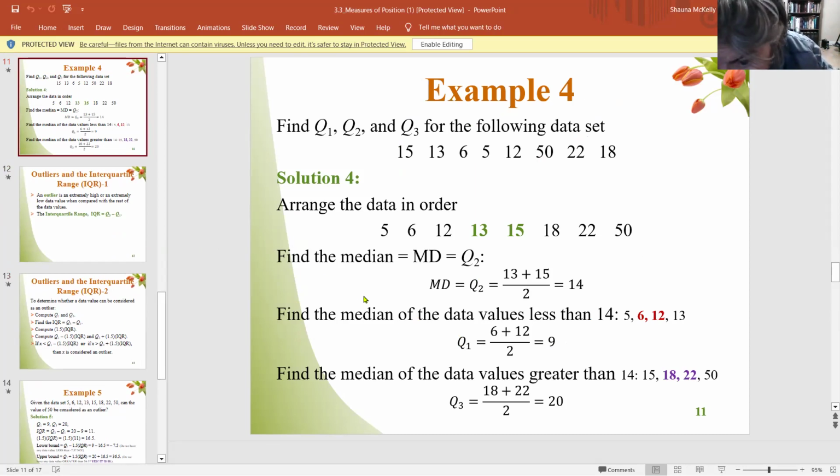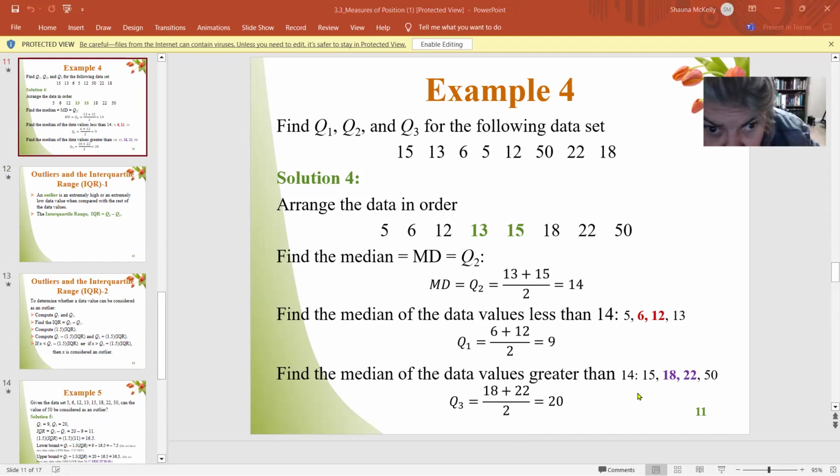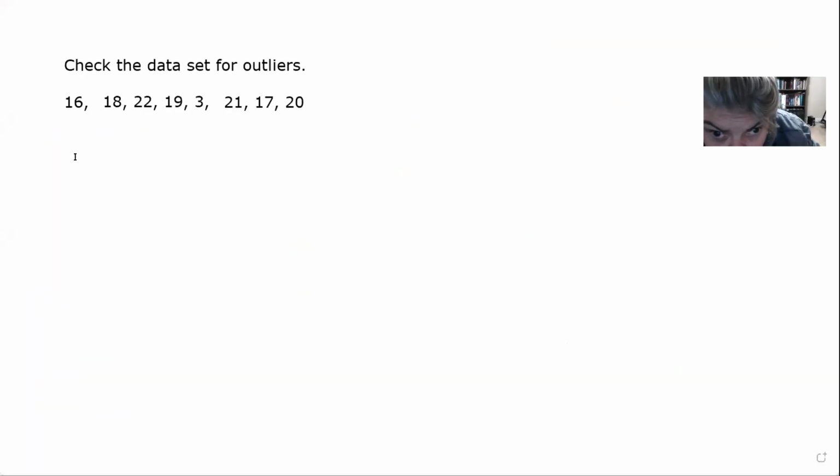So I'm going to show you that now. You can use the calculator to help you sort these, but she wants you to do this by hand. So the first thing you're going to do is sort the data. So I have 3 here.